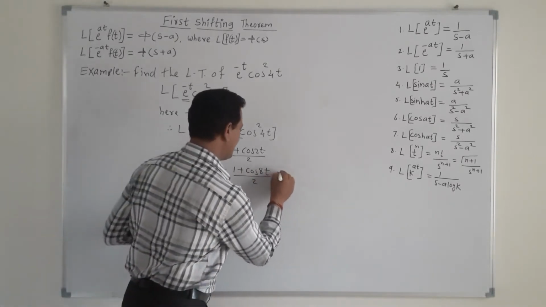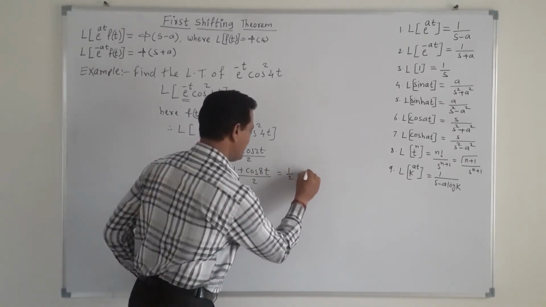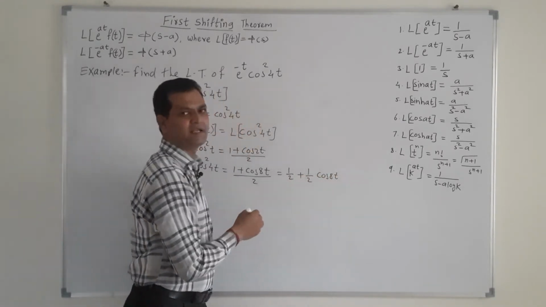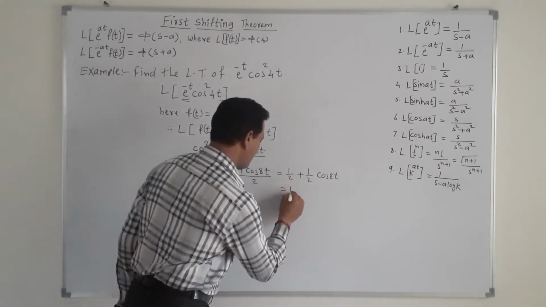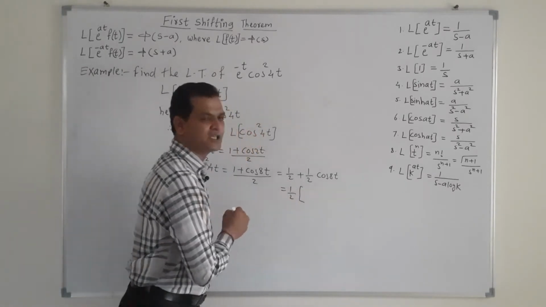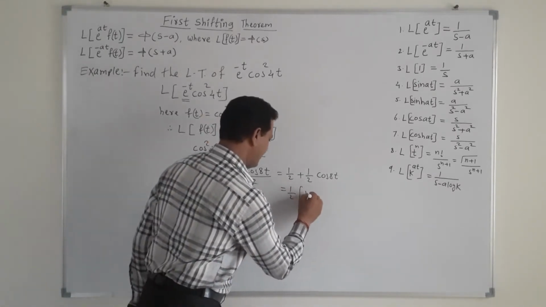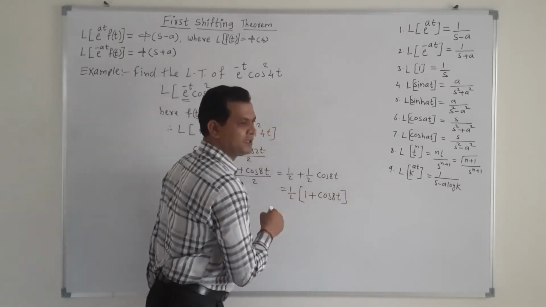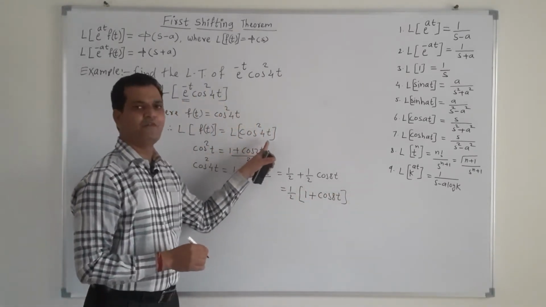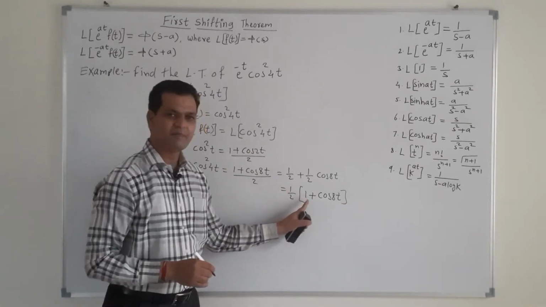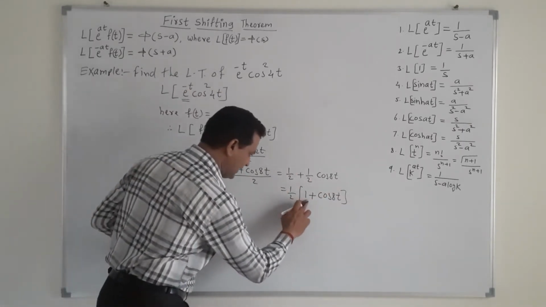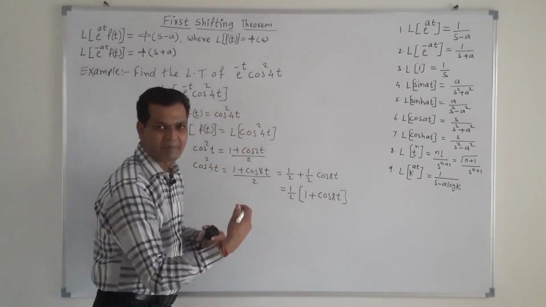Moreover, we can write this as 1 upon 2 plus 1 upon 2 into cos of 8t, or take 1 upon 2 as common, and we get finally 1 plus cos of 8t. That means we can write cos square of 4t as 1 upon 2 in bracket 1 plus cos of 8t, so it is possible for us to take its Laplace transformation.